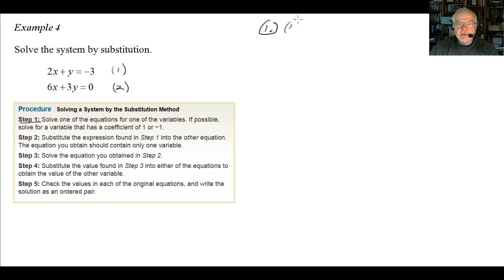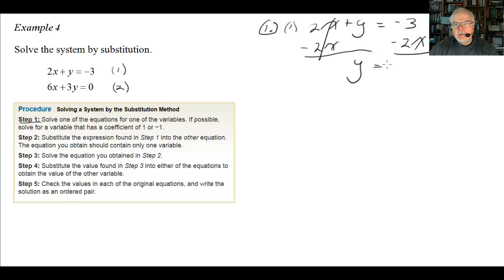So we're going to go to equation 1, and we have 2x plus y, which we're going to solve for, equals minus 3. Subtract the 2x, so we're left with y. And of course, if I do it to one side, I must do it to the other. That goes away. y equals minus 2x minus 3. All right, that's step 1.